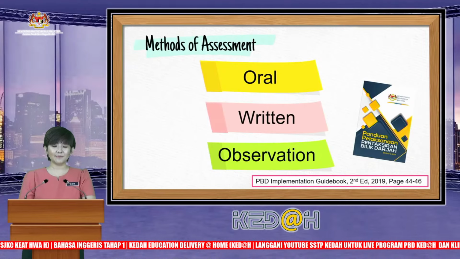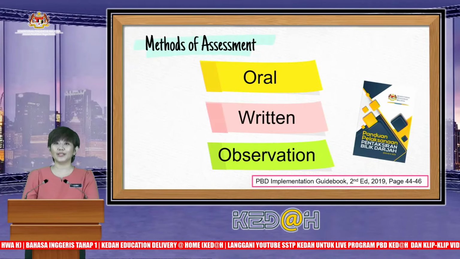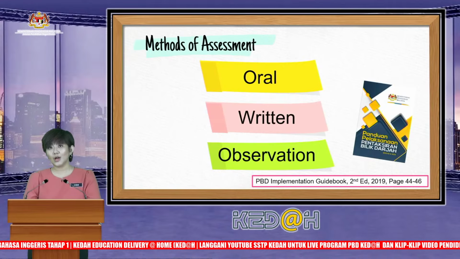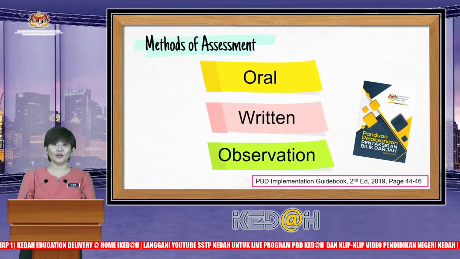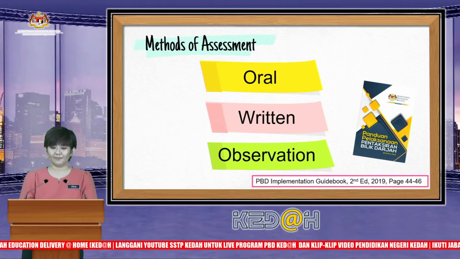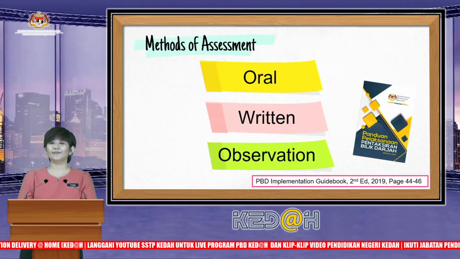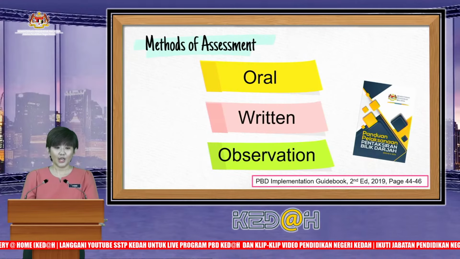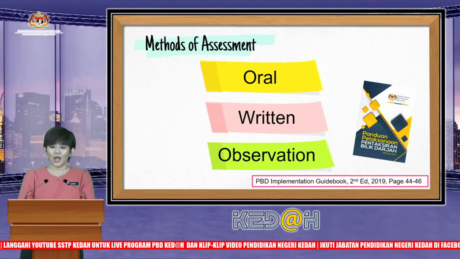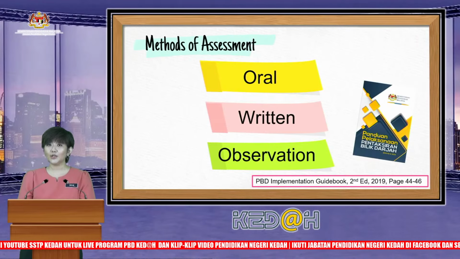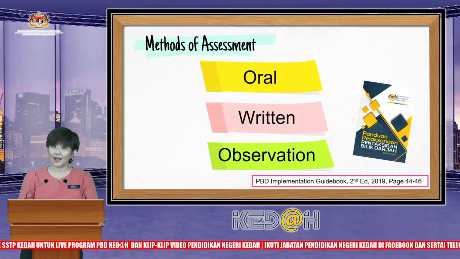The second method of assessment is written assessment. Written work, essay writing, or even projects are considered written assessment. And finally, we have the observation method. We as teachers do a lot of observations when pupils are learning or when they are completing their tasks.